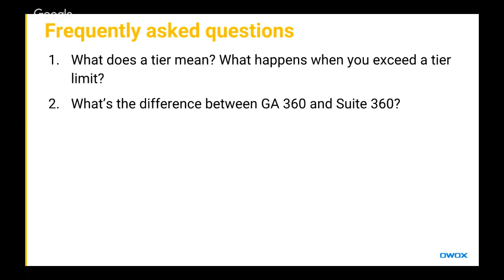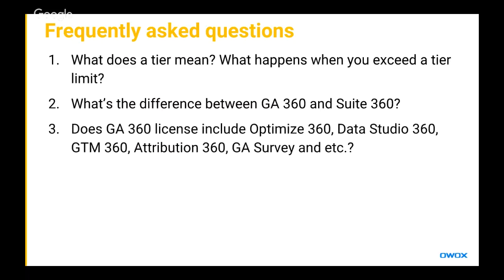Okay, and the third most frequently asked question, sorry. Does the GA360 license include Optimize 360, Data Studio 360, and other products of Google? So the answer is no. Google Analytics 360 is a separate product, as well as Optimize and Data Studio.